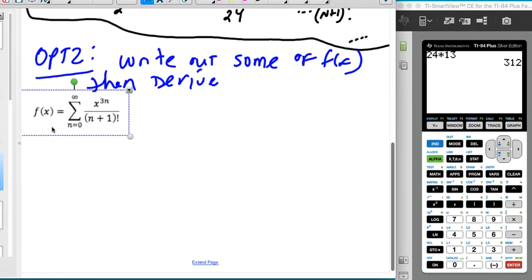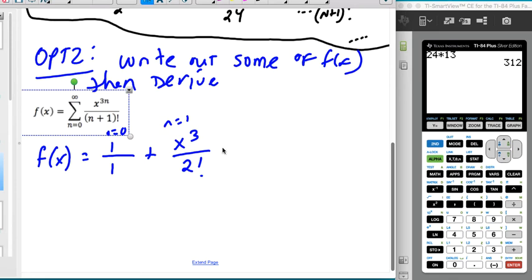So another completely okay option, and again, it's the end result that we want, so whichever one you like better. If you wanted to do this, you could plug in and write a couple terms of f of x. So you could plug in n is 0, and you're going to get 1 over 1. This was n is 0. And then you could plug in n is 1, and you'd get an x to the third over a 2 factorial. And then you could plug in n is 2, and you'd get an x to the sixth over 3 factorial, and you could plug in n is 3.